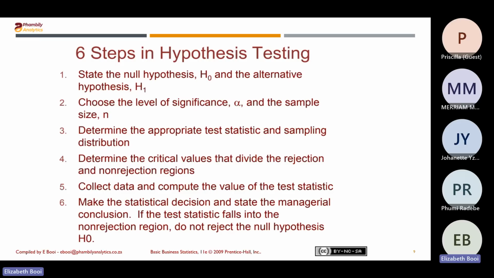Also, when you look at step number 2, when you determine what you are given, whether you're given a population mean, a sample, or a proportion, you need to know what type of test statistic you're going to be doing. If my population standard deviation is unknown, then I'm doing a t-test. If it's known, I'm doing a z-test. Unknown, t.